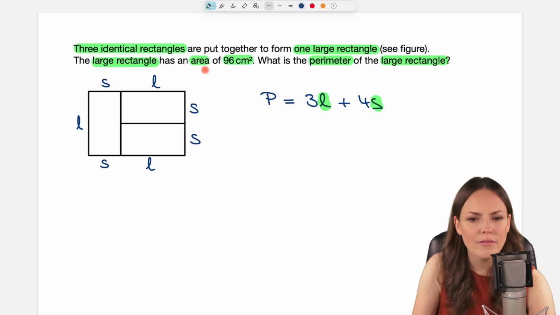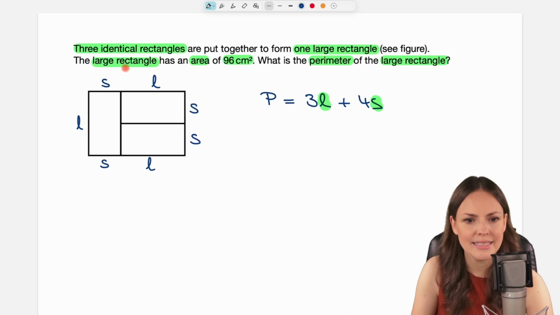We still have one piece of information we haven't used yet, that the area of the large rectangle is 96. So how can we find the area of this large rectangle? We just have to take the length of this side and the length of this side and multiply these two.